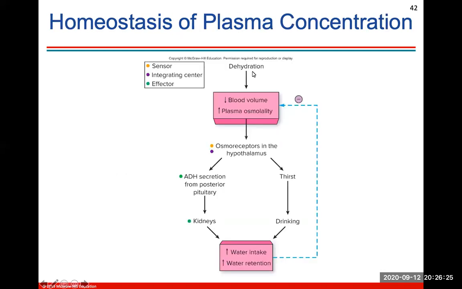So here's a homeostasis of plasma concentration. If your blood volume decreases from dehydration, your plasma osmolality will increase, and that will tell your kidneys to try to retain water. It'll also give you a thirst sensation to try to take in more water. So this is a homeostasis of plasma concentration if you were dehydrated.